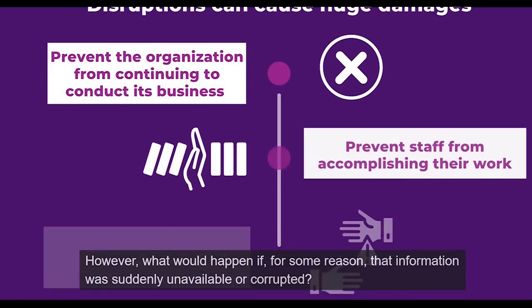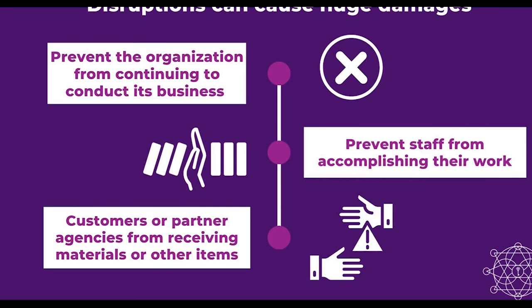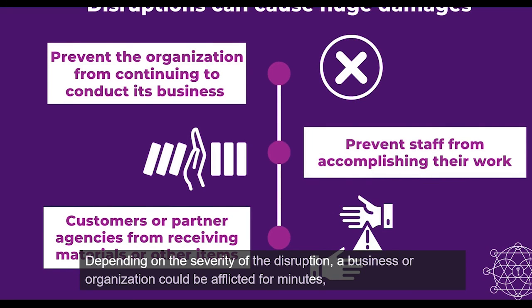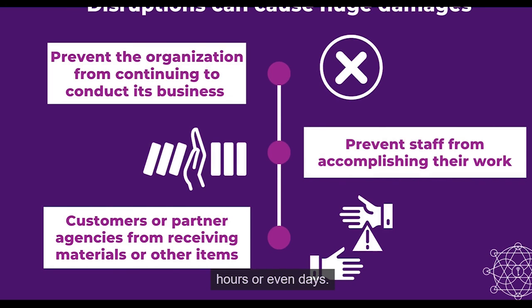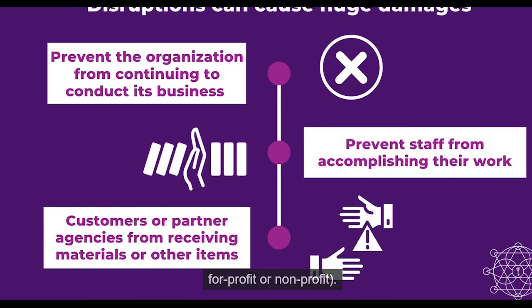However, what would happen if for some reason that information was suddenly unavailable or corrupted? Depending on the severity of the disruption, a business or organization could be afflicted for minutes, hours, or even days. This period of downtime would prevent an organization from continuing to conduct its business, whether for profit or non-profit.